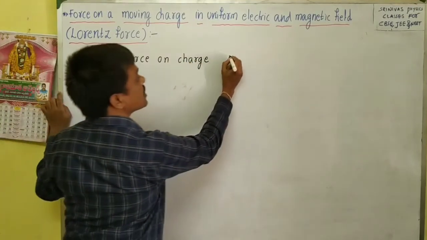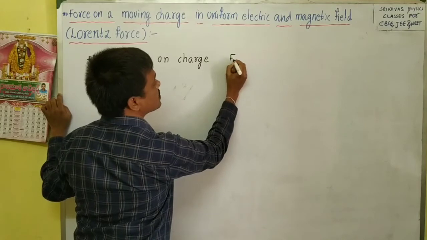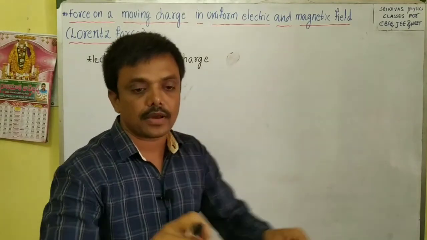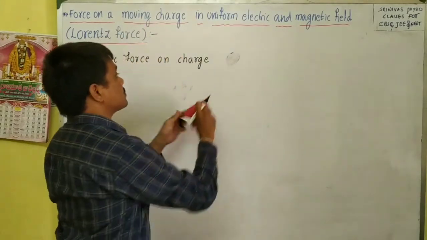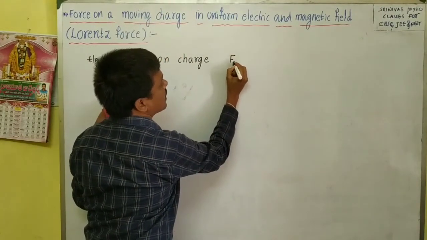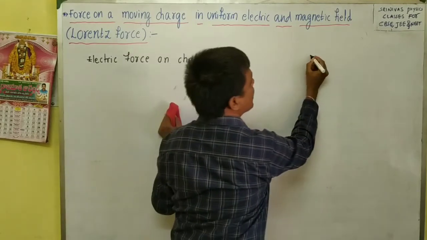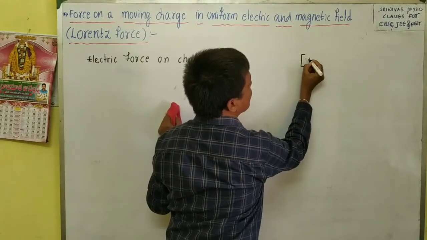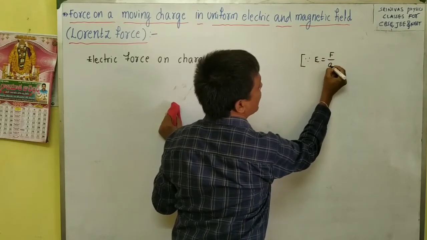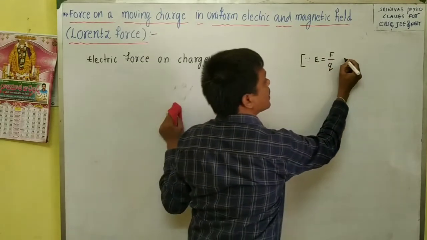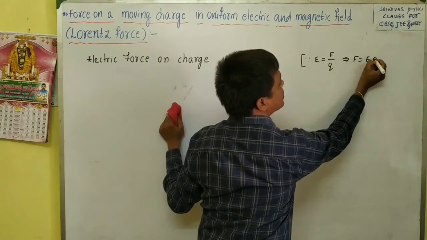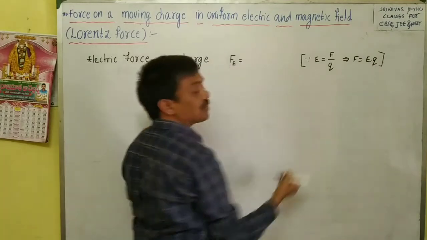What is the electric force on the charge? The electric force is denoted F suffix E. We know the electric field intensity formula: E is equal to F by Q. From this, the electric force formula is electric field intensity into charge, so we write F equal to EQ.